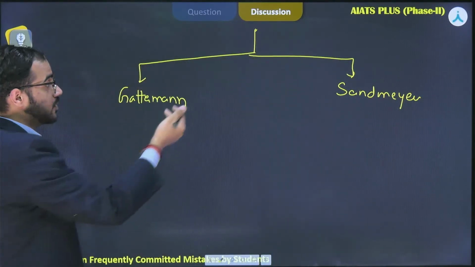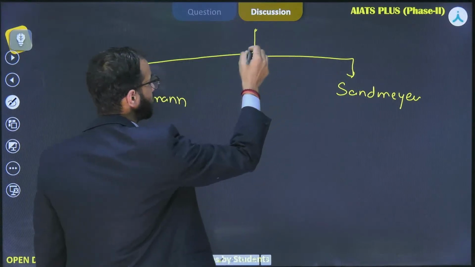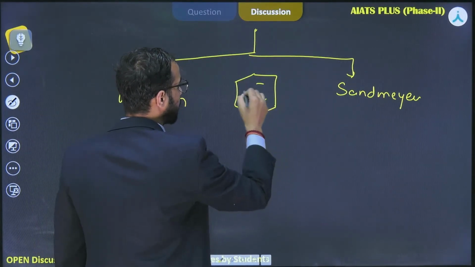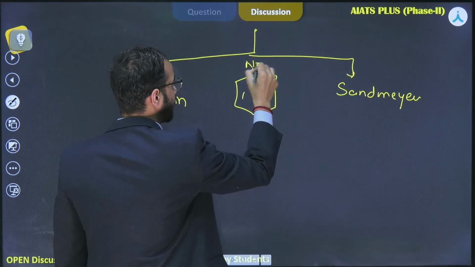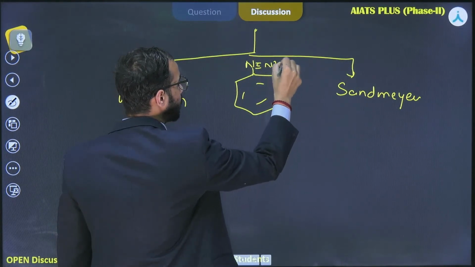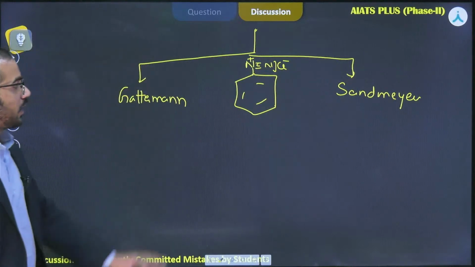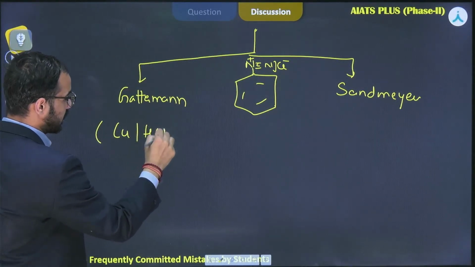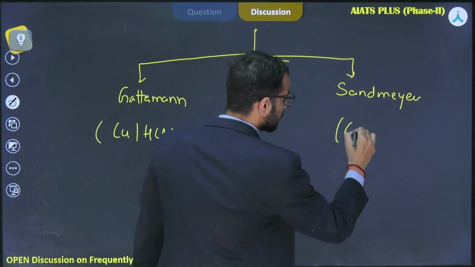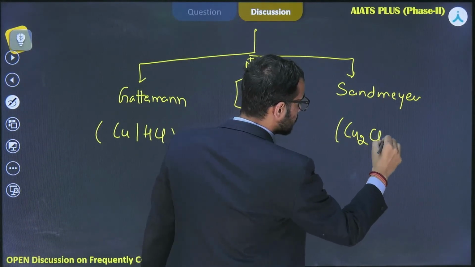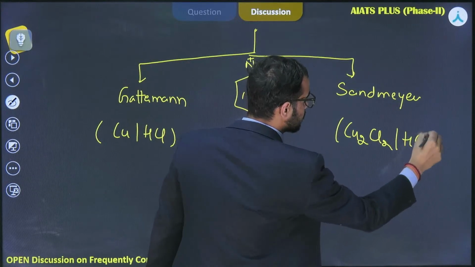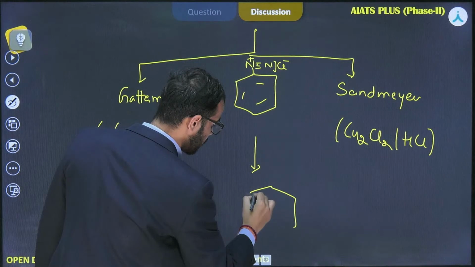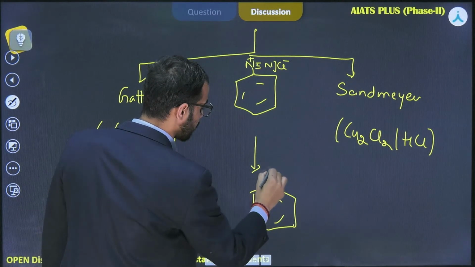The only difference: you are reacting with diazonium chloride. Here the reagent is Cu and HCl. Here the reagent is Cu2Cl2 in the presence of HCl. The product formed is chlorobenzene.